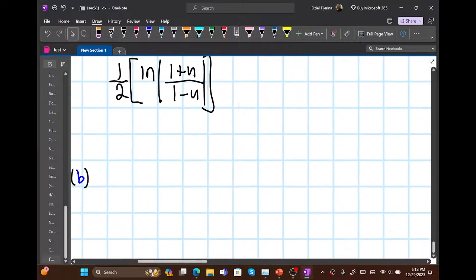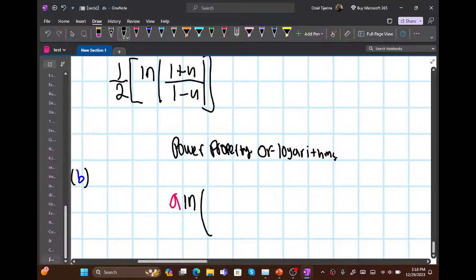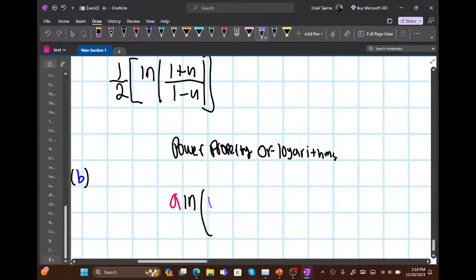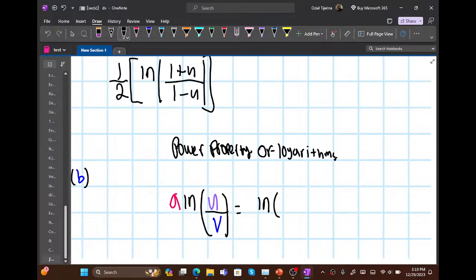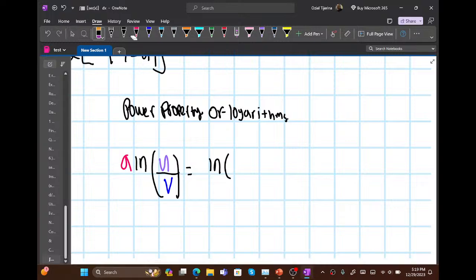the 1/2, we're going to use the power property. And that is that a natural log of u, I'm just going to use u over v, is equal to the natural log of u over v to the a.